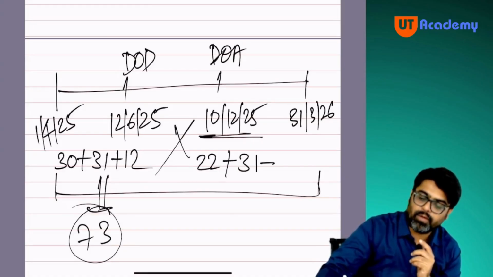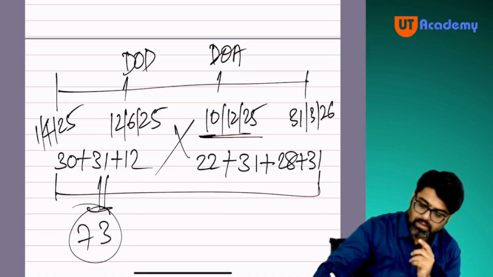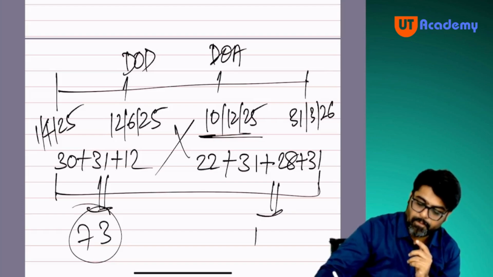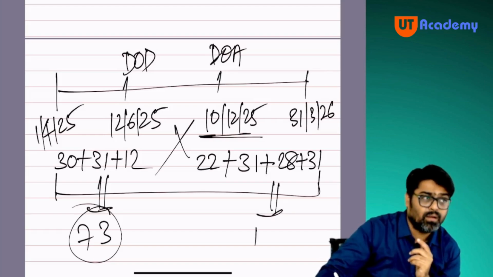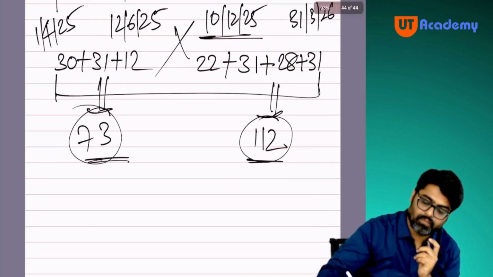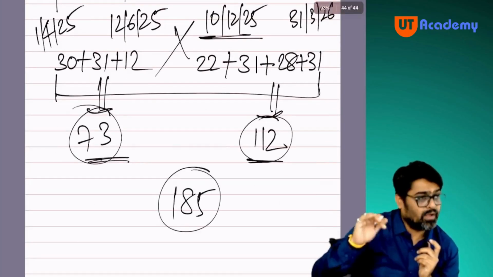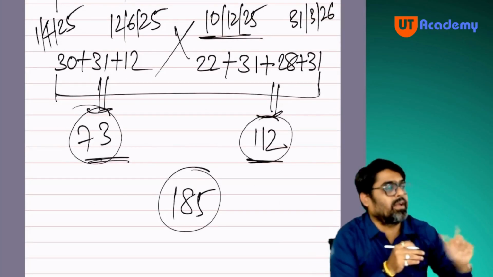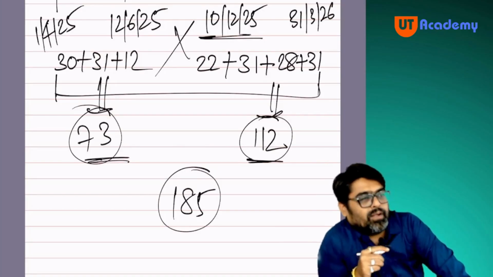January, February, March, total 112, plus 73. During this year, your total stay in India is more than 182 days.